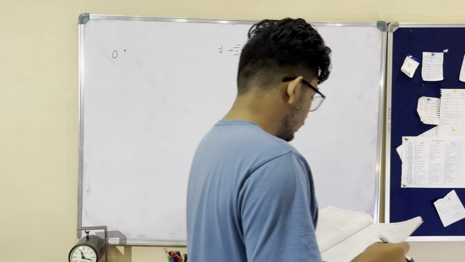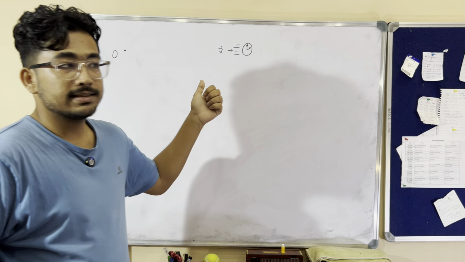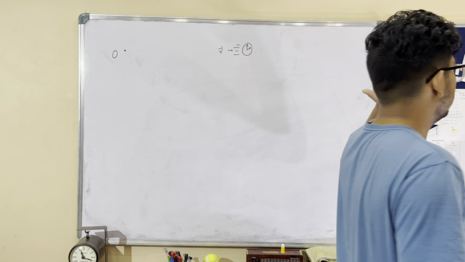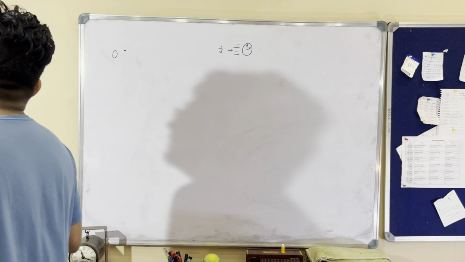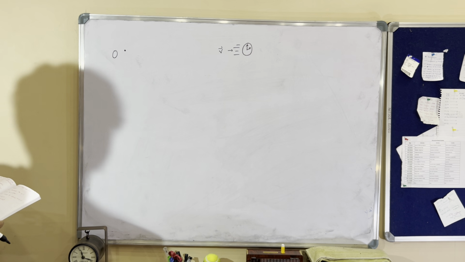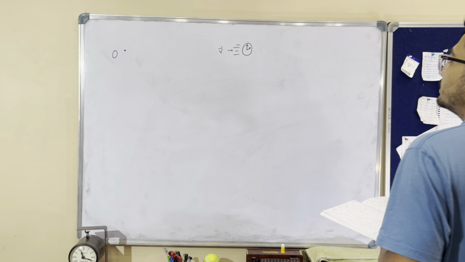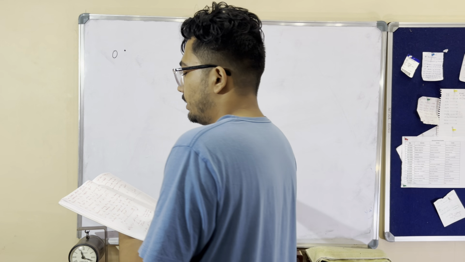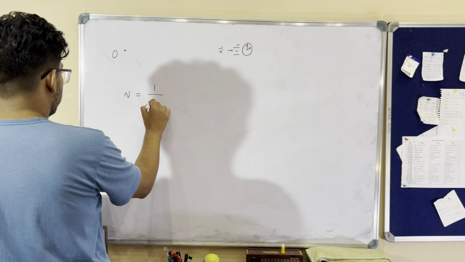This clock is a moving source of light, because information is coming to the observer with electromagnetic radiation or light at speed c. So this clock, I can say, is a source of light that emits light at some frequency mu equal to 1 over delta t.